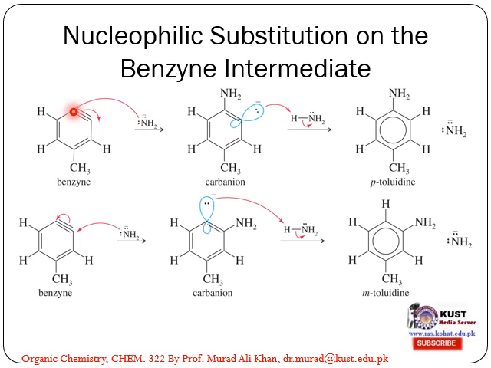It attacks here, and then this group will abstract the hydrogen and we get the para-toluidine, or it will attack this carbon of the triple bond, the other end, and we get the meta-toluidine.